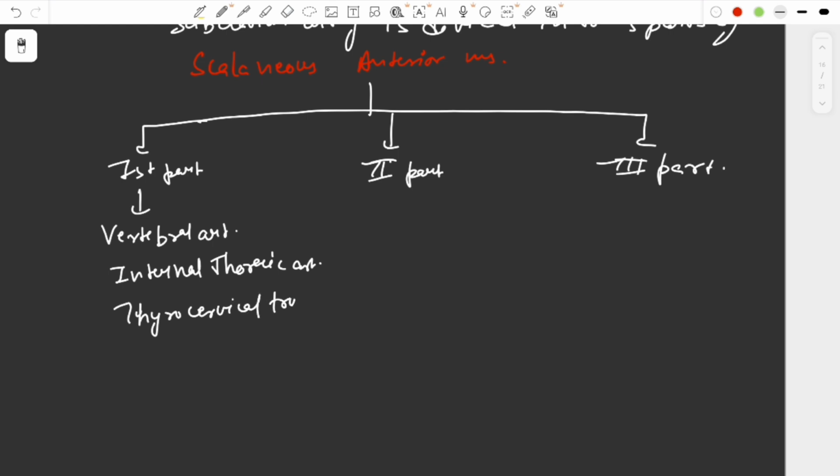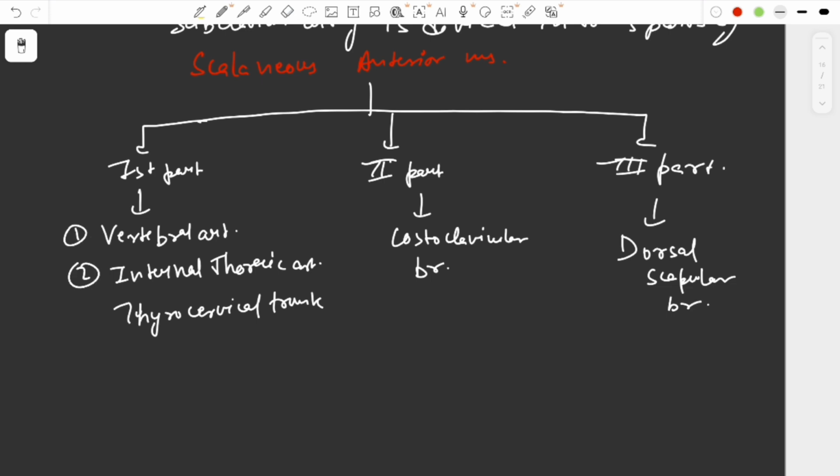From the second part it gives the costocervical branch, and the third part gives the dorsal scapular branch.